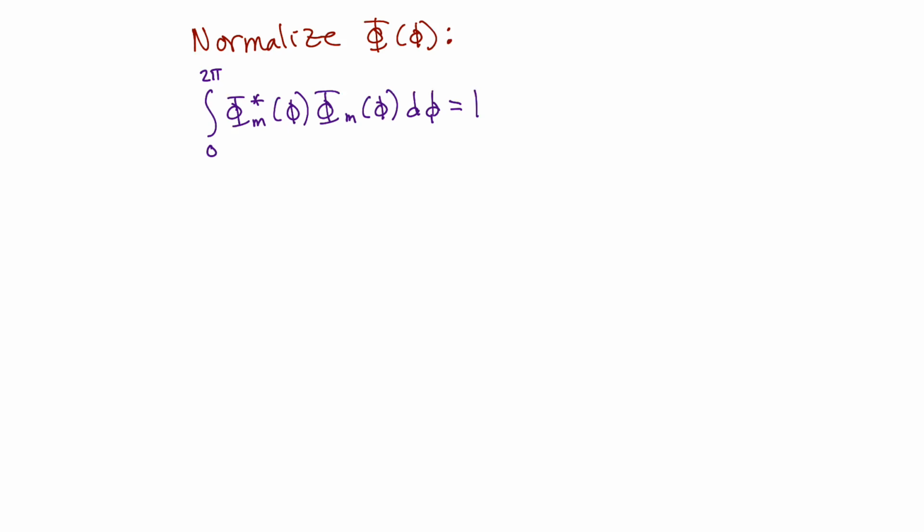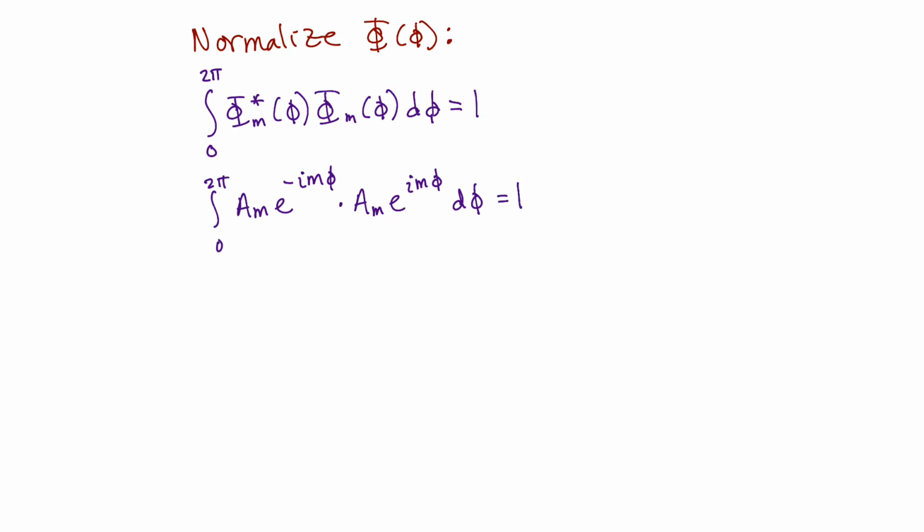So we have our limits here, and we have A sub m e to the minus i m phi, that's our complex conjugate, times A sub m e to the i m phi d phi equals 1. All right, so here's where you would get in trouble if you did not pay attention to your complex conjugate. If you went on autopilot and just put in your same function, life is not going to work out very nicely for you right now.